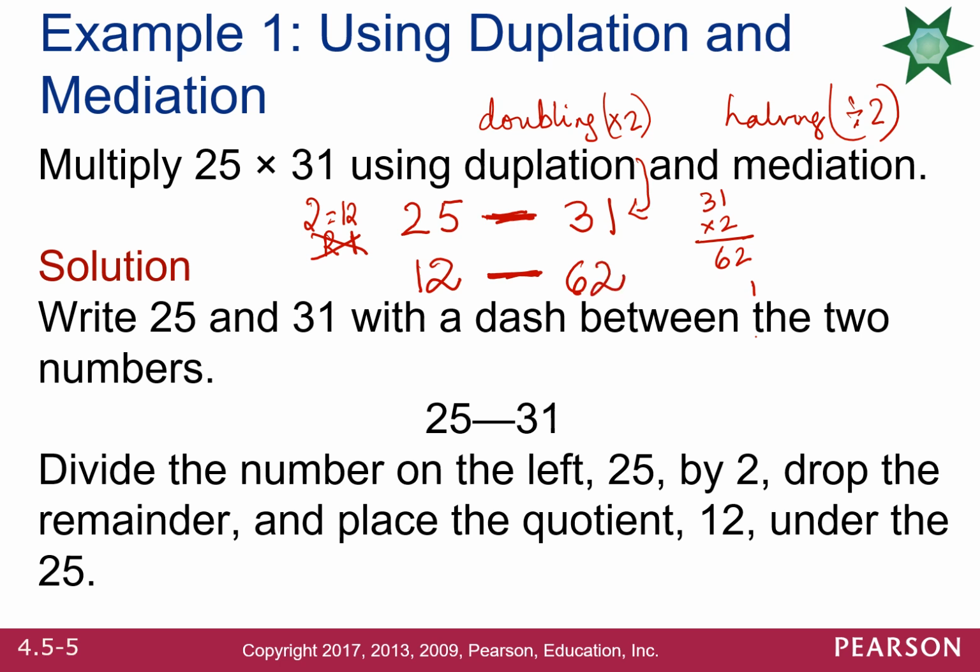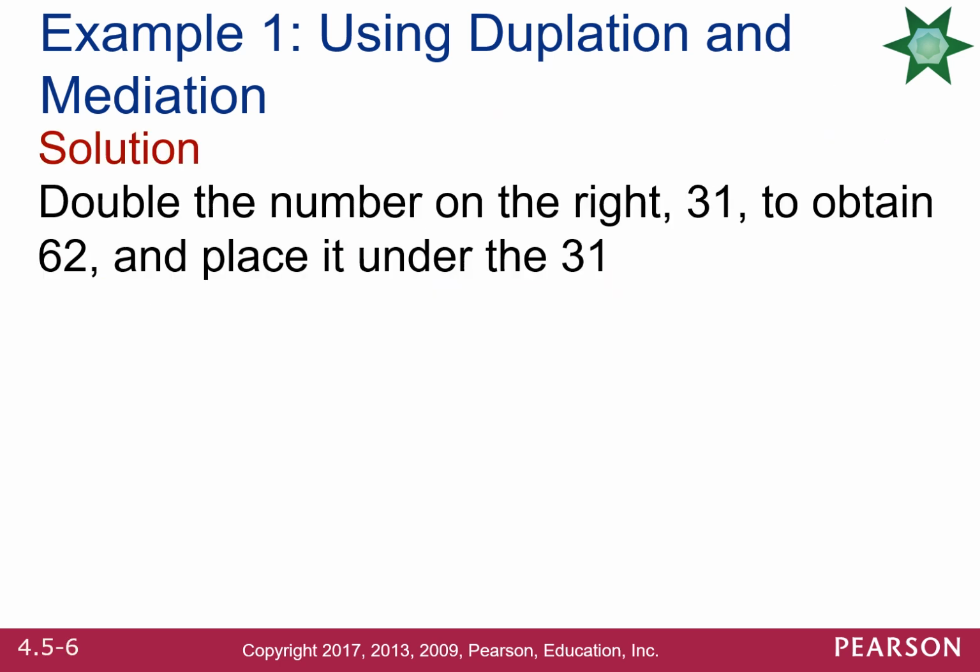All right, so let's see how they work through this in the next couple of slides. So here they double the number on the right, 31, to obtain 62 and place it under the 31, right? So 25-31, when they divided the value on the left hand side, they got a 12. When they doubled the number on the right hand side, 31 times 2 is 62.